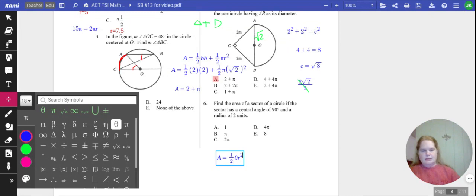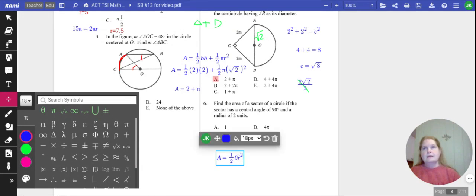And so these are some things that you may or may not have learned. Actually, you probably learned this instead of theta. I think you guys learned it as n over 180, n being your angle.